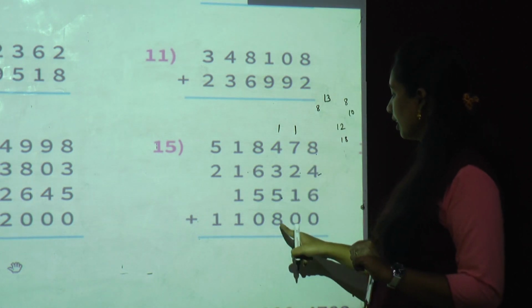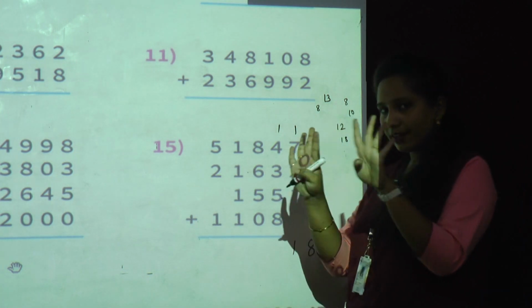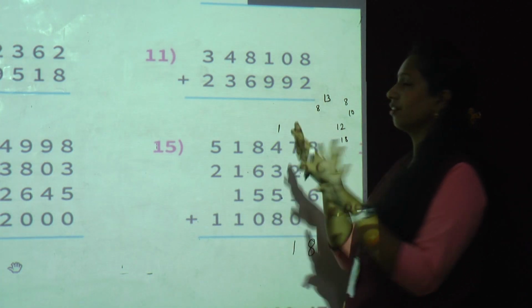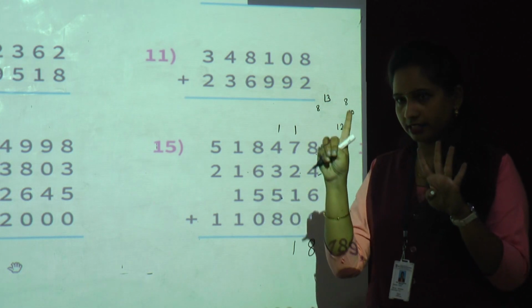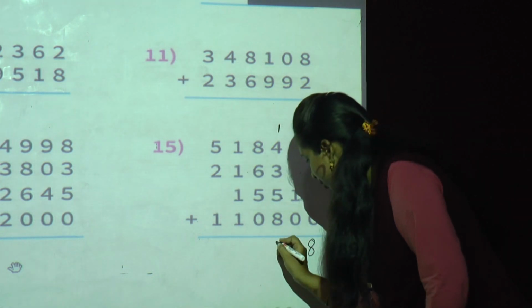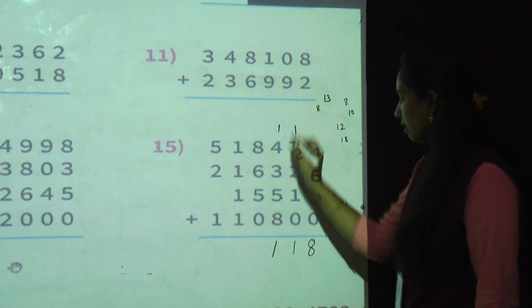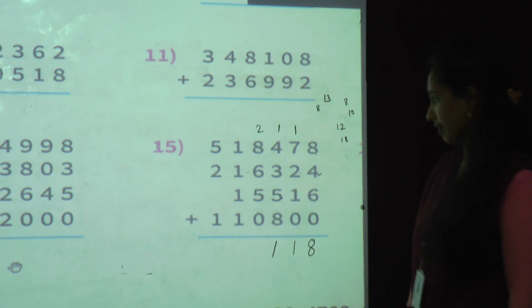Write roughly 13 and again we have to add in 13, 8. Now keep 8 fingers and count after 13. 13 after 14, 15, 16, 17, 18, 19, 20, 21. So 21 we write 1 in 100's place, 2 will carry to 1000's place.